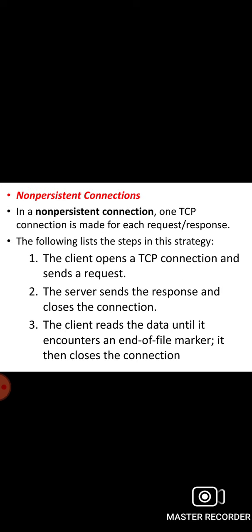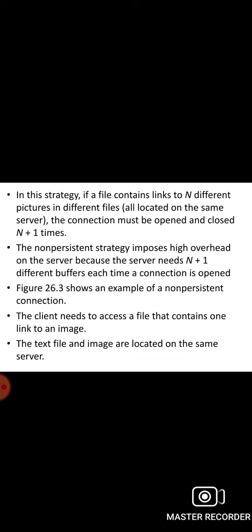In a non-persistent connection, one TCP connection is made for each request or response. First, the client opens the TCP connection and sends a request. The server sends the response and closes the connection. The client reads the data until it encounters an end of file marker. It then closes the connection.